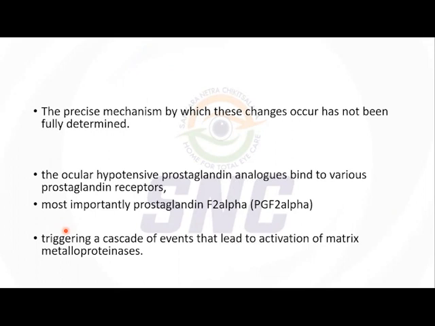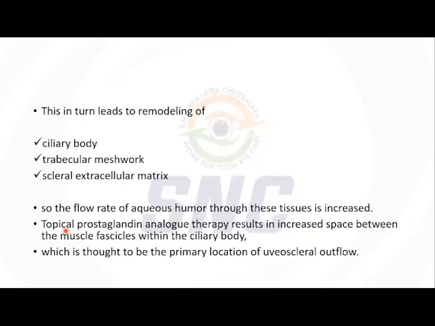They bind to various prostaglandin receptors, that is prostaglandin F2 alpha, PGF2 alpha, triggering a cascade of events that lead to activation of matrix metalloproteinases. And this leads to remodeling of the ciliary body, trabecular meshwork, and scleral extracellular matrix.